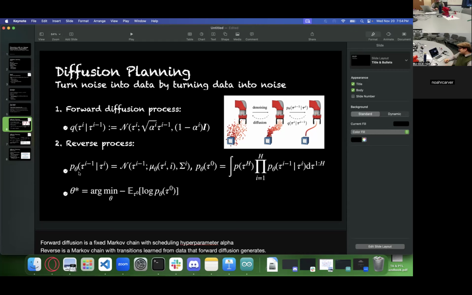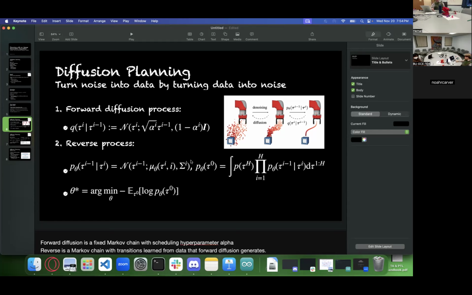Cool. In the reverse process, you'll notice there's a lot of theta in there that's defining what is happening. The key thing is our mean is completely learned effectively. We'll get into how in a bit.